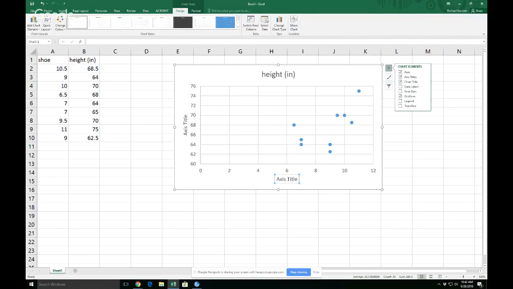Shoe size. What goes over here? Height in inches. What do we want to call this? How about Math 1040 class?